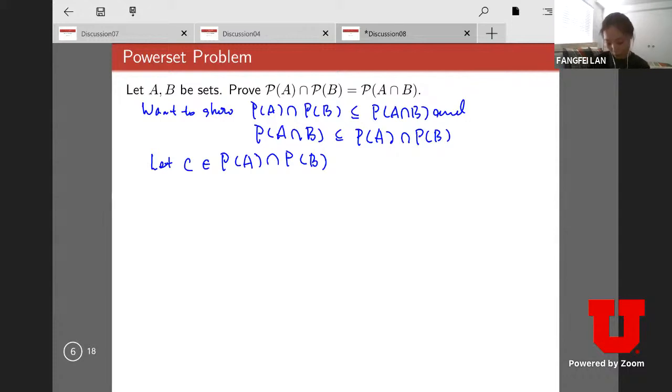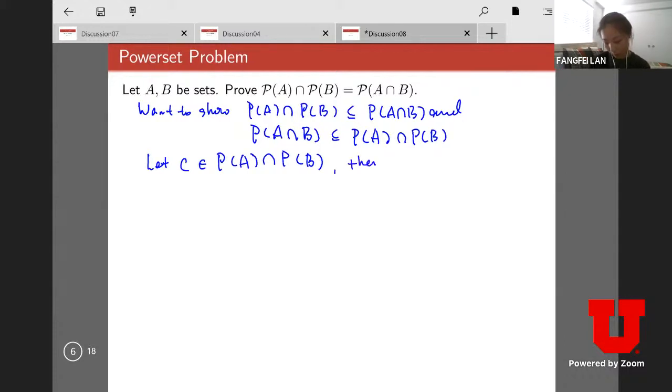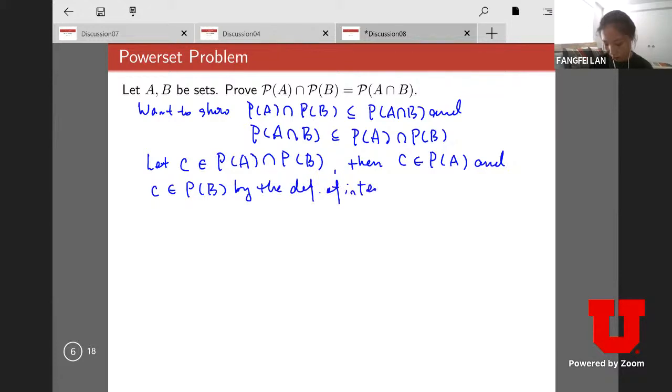By the definition of intersection, we have then C is in the power set of A, and C is in the power set of B, by the definition of intersection. Right? So where do we go from here?